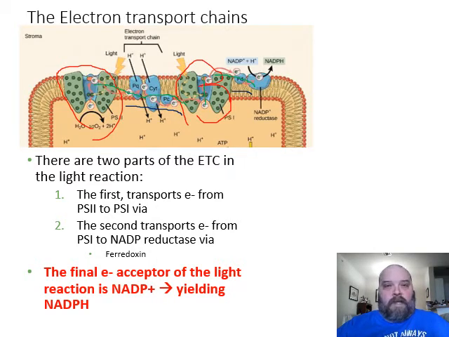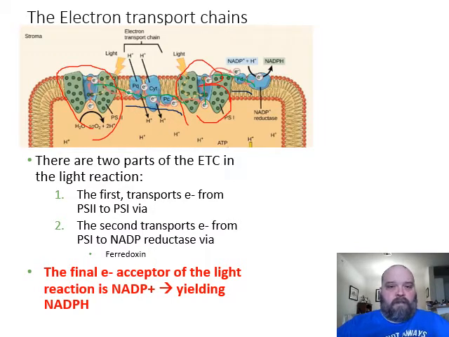It's going to reduce NADP. Remember, to reduce is to add an electron. So, NADPH, just like NAD we talked about in the last chapter, is an electron carrier. It's going to carry the excited electron to the Calvin cycle.